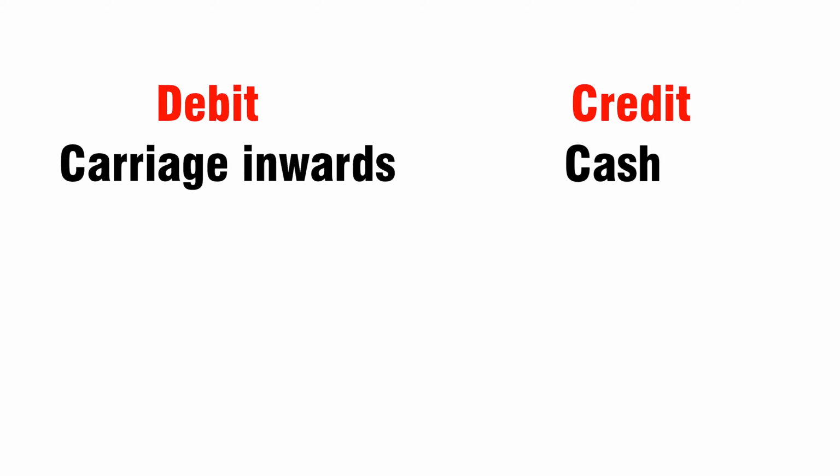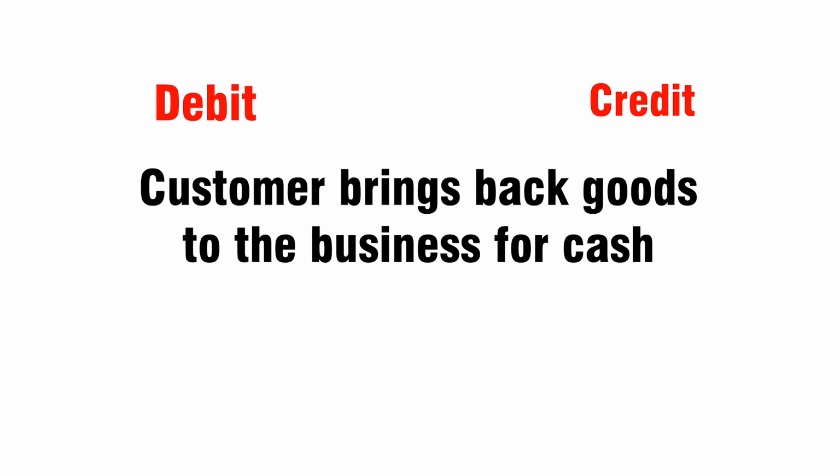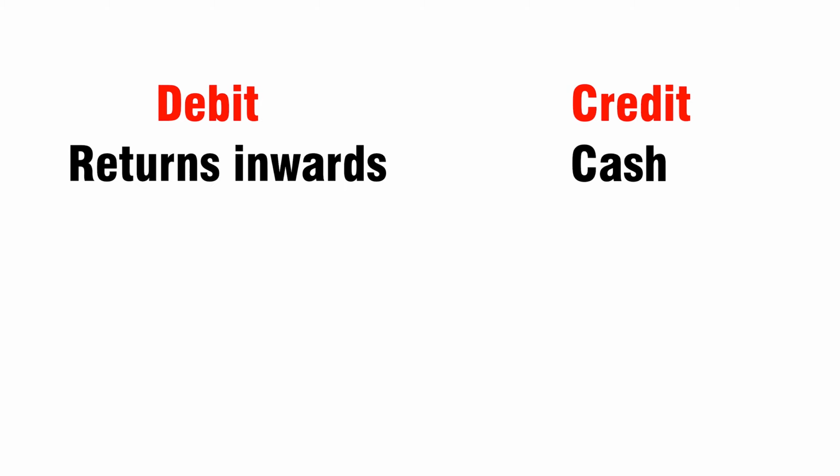Debit carriage inwards, credit cash. Transaction 9. Customer brings back goods to the business for cash. Debit returns inwards, credit cash.